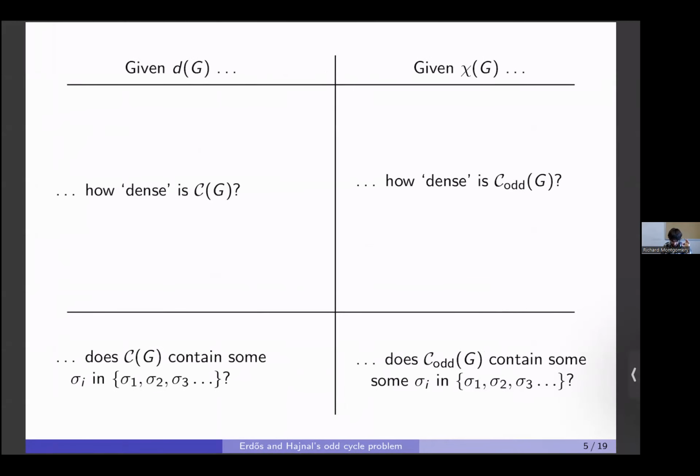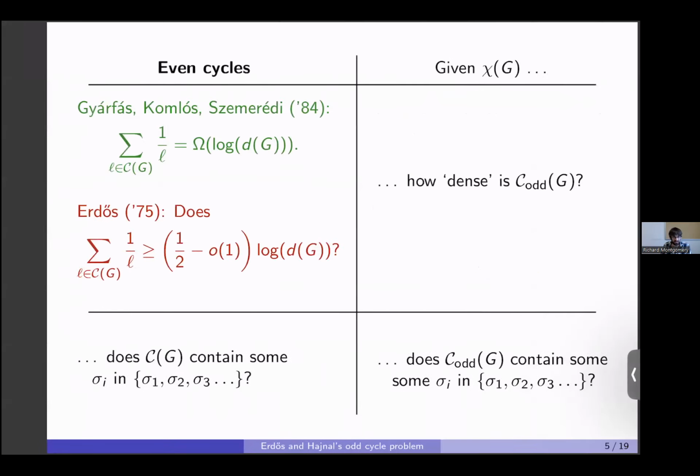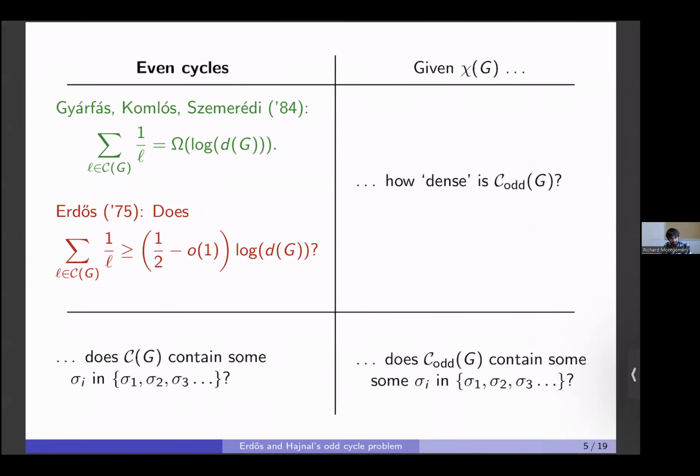I've already talked quite a bit about the average degree of a graph and asked how dense the cycle set is. It was proved by Alon, Krivelevich and Sudakov in the 80s that the function suggested by Erdős and Hajnal, the sum of the reciprocals, grows at least like some constant times the logarithm of the average degree of the graph.